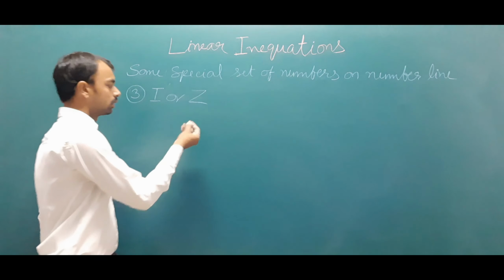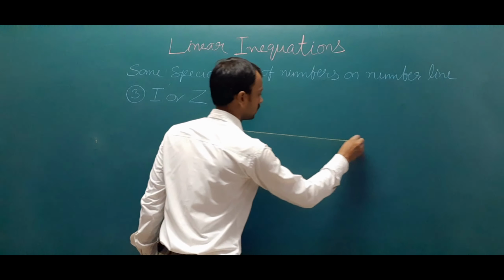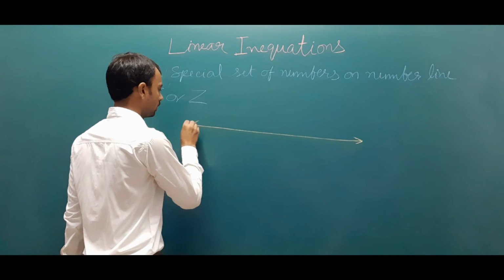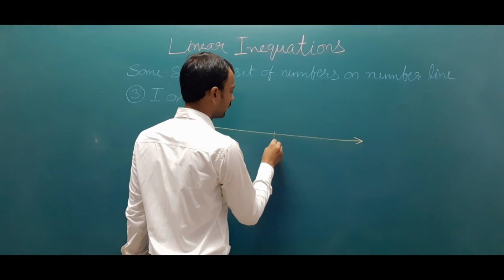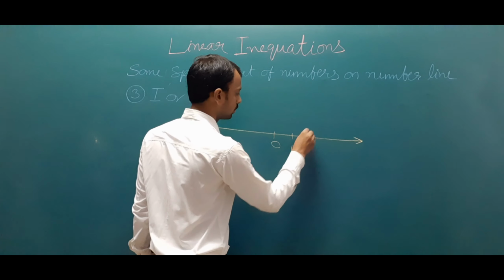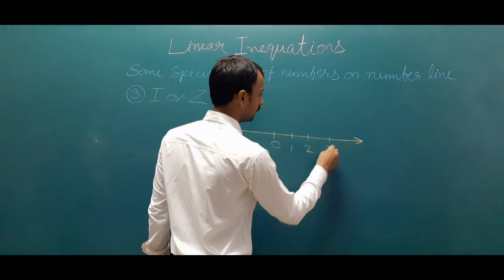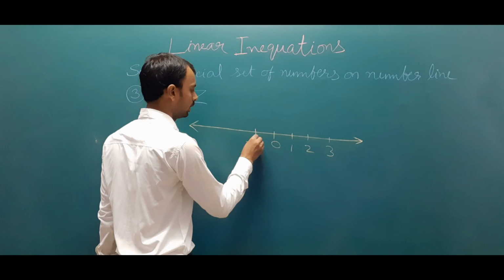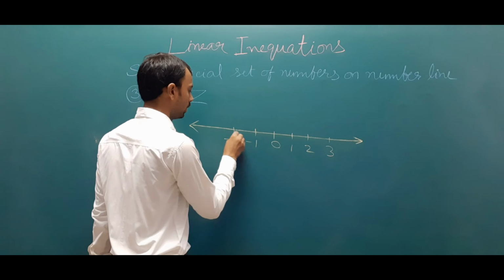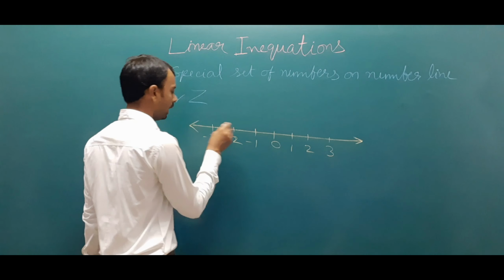In integers we know that the numbers are all the negative and positive numbers, 1, 2, 3 and so on, and here -1, -2, -3 and so on.